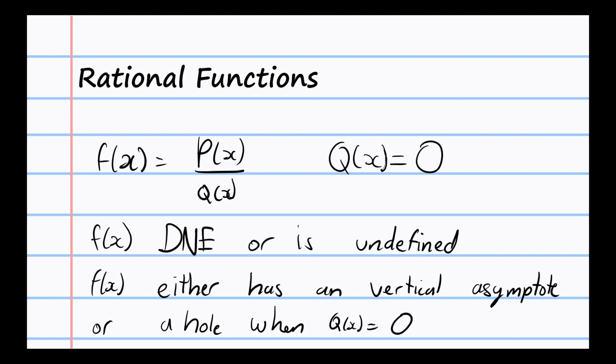So those are the two things that could happen around that x value. It either has a hole, which is when the function behaves completely normally around that x value, or it has an asymptote where the function goes to infinity or to negative infinity as you get closer and closer to that x value where q of x equals 0.